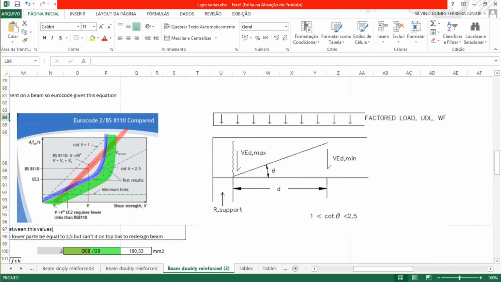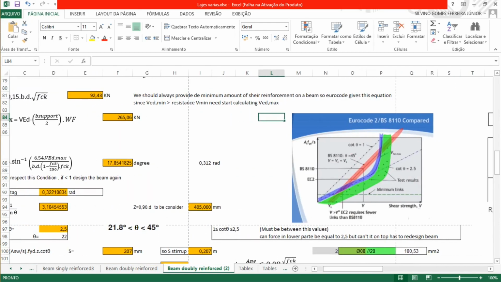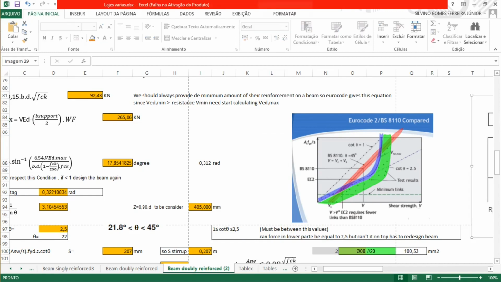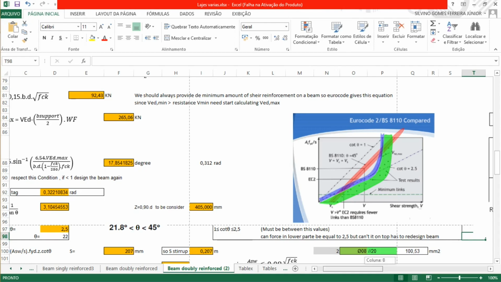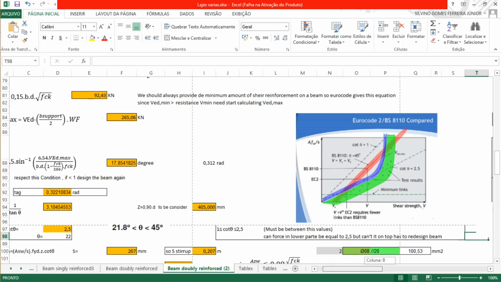They limit it between cot of theta equal to 1, that is theta of 45 degrees here on top. On the bottom they limited to 22 degrees, that is cot of theta equal to 2.5. So it can't be less than 1 for cot of theta, and it shouldn't be more than cot of theta 2.5.